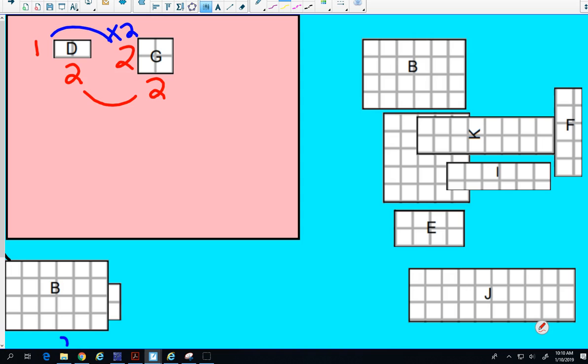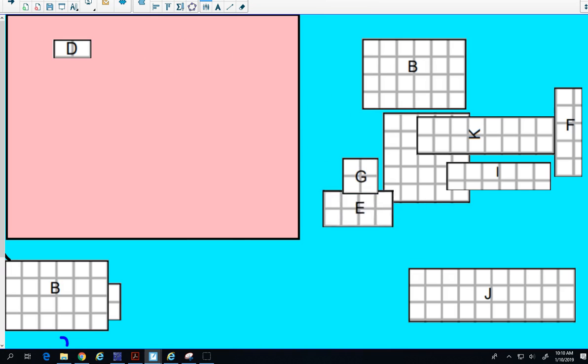Times what? That'd be a times 1. So are the side lengths proportional? Is D proportional to G, Maya? No, because the relationship, it's a times 2 and then it's a times 1. So it's not G. Which one do you think it should be? E. Let's take a look. So I'm going to grab this one.